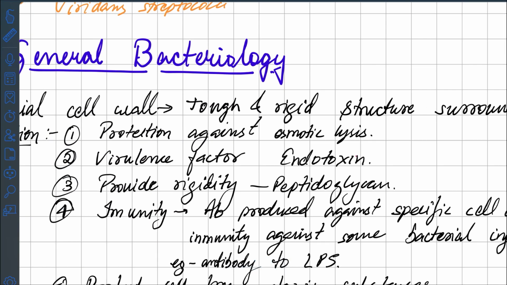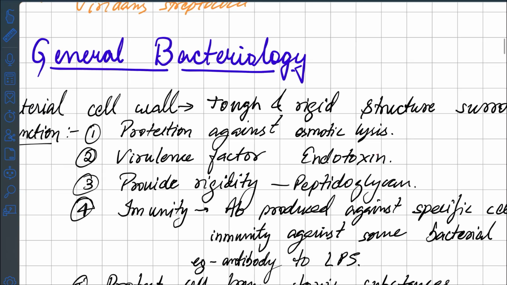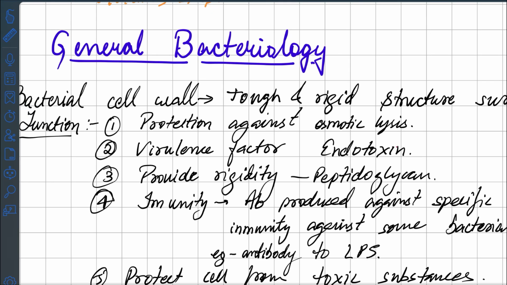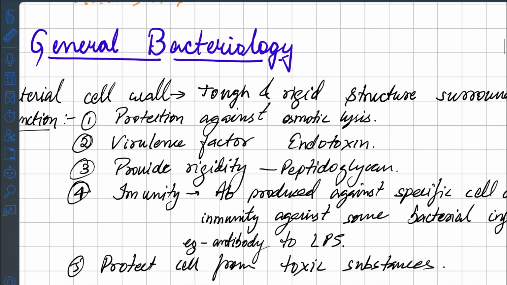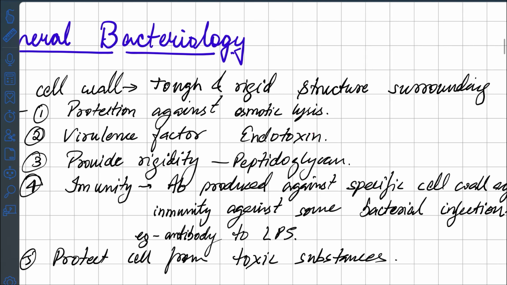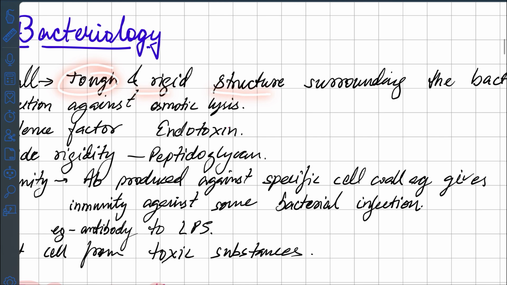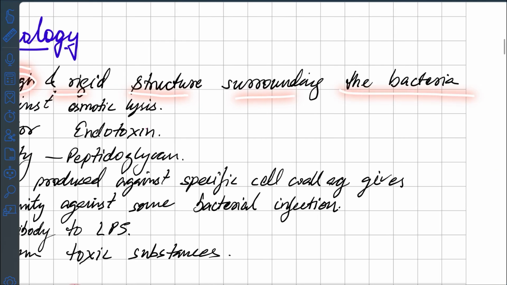Now let's start with general bacteriology. The bacterial cell wall, which is the outermost layer of the bacteria, we'll look into first. The bacterial cell wall is a tough and rigid structure which surrounds the bacteria.